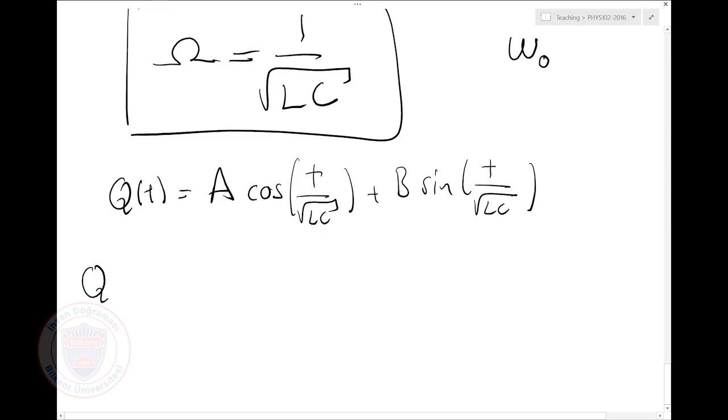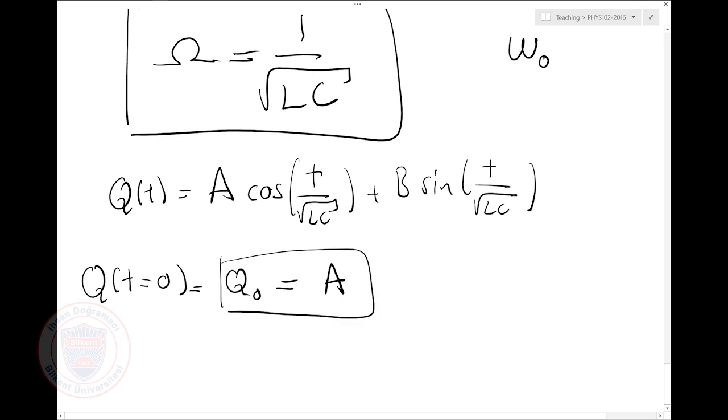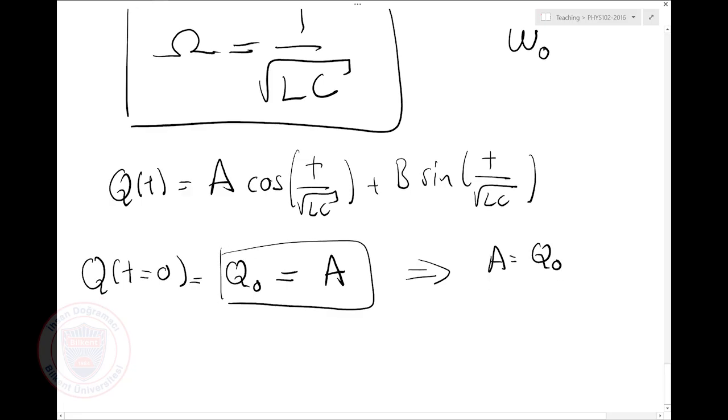What is the value of Q at time t equals to 0? We said it's Q0. So let's plug t equals to 0 into my equation. What's cosine 0? It's 1. What's sine 0? 0. So A must be equal to Q0. That's great. A we found as Q0.